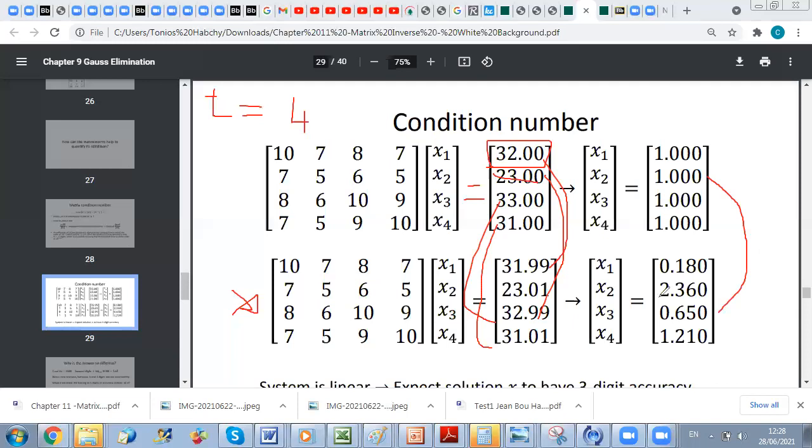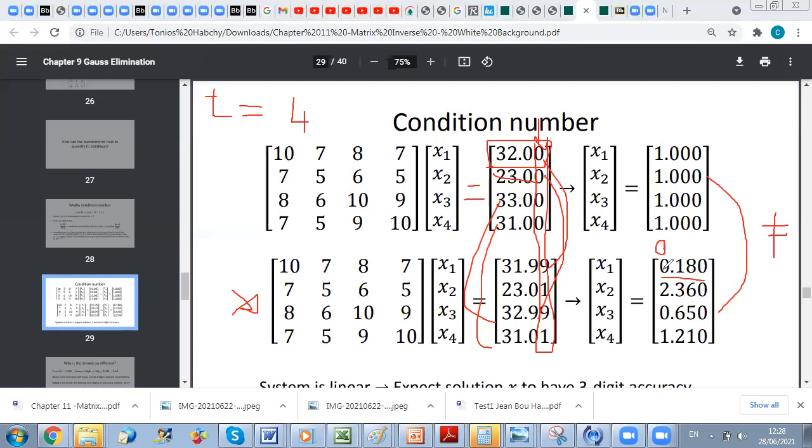This means that if I do not trust the 4th digit of B, then I will have a completely different solution for X. And I cannot trust any digit because here this is 0.18, it's closer to 0 than 1, and 1 is different than 0.